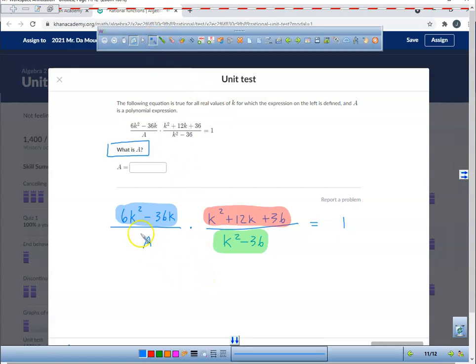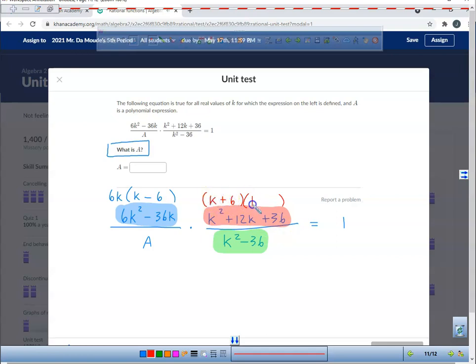What I'd like you to do is factor out a 6 and a k from this expression, and you're left with k minus 6. Does anybody know two numbers that add up to 12 but multiply together to equal 36? 6 plus 6, and 6 times 6. We put k plus 6 and k plus 6.